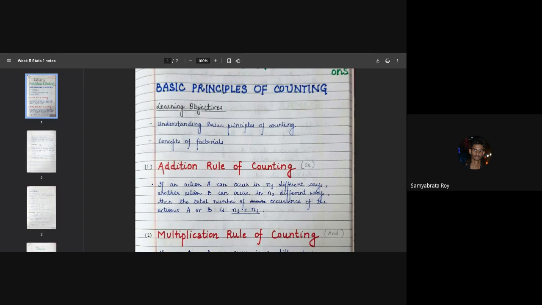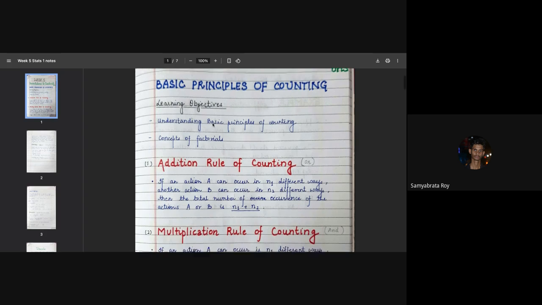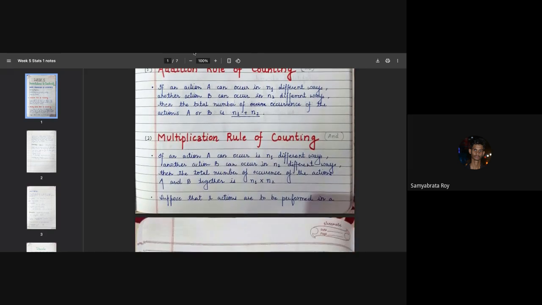But what do we mean by the multiplicative rule of counting? That was the additive rule, right? Basically, A or B being executed. Now, what if I'm trying to make an assumption regarding the ways in which A and B both are being executed?